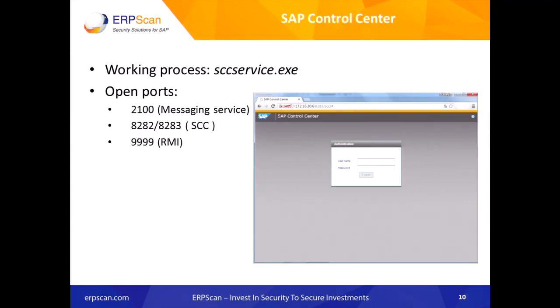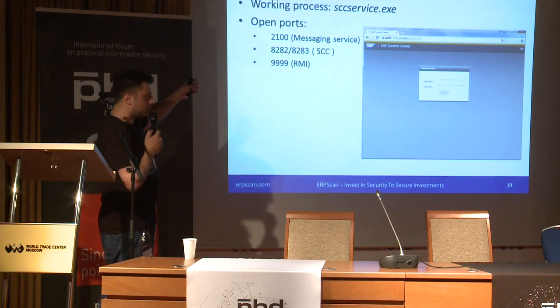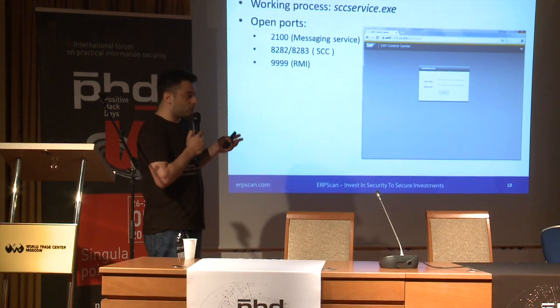Ports 2100 and 4 nines are used inside of these processes, and ports 8282 and 8283 are used for connections over the HTTP protocol and to transfer this information to the portal. I would like to say that port 8282 is by default the HTTP port, which redirects calls to HTTPS, which is located on port 8283.